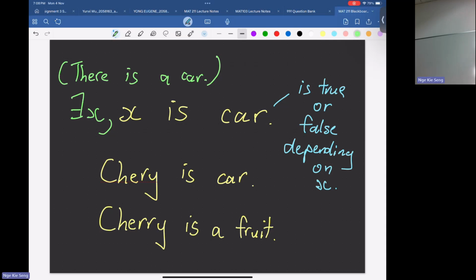No, this is not how you read English. There is a car. This is equivalent to saying there exists a car. What is the more accurate translation in Chinese? There exists a car, with no place involved. There's no place here.